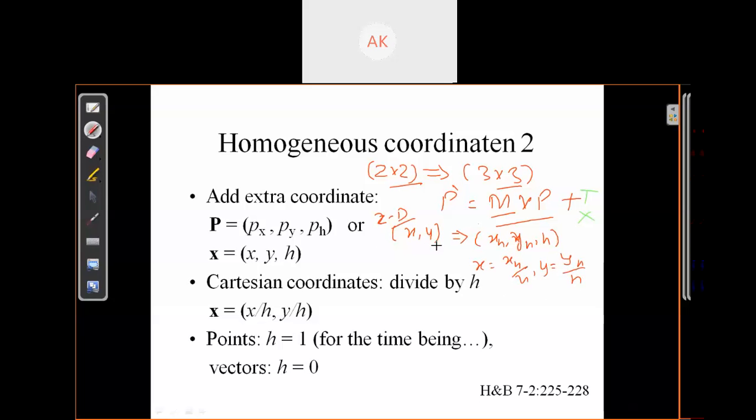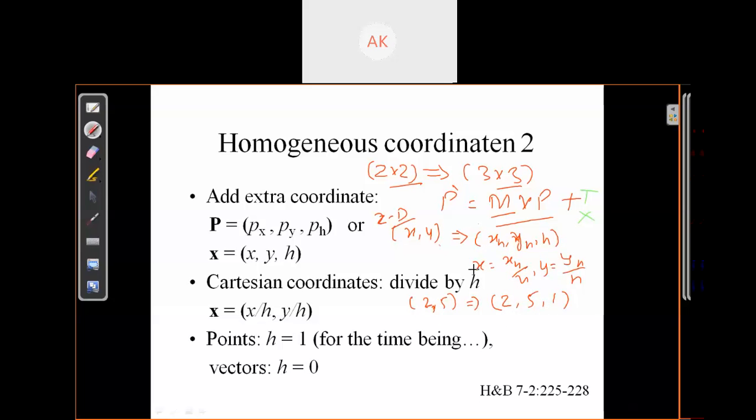So this is the form. Suppose your point is 2, 5. You want to write this 2, 5 coordinate into a 3D matrix or homogeneous coordinate. You will write it in this form: you can just write 2, 5, 1.